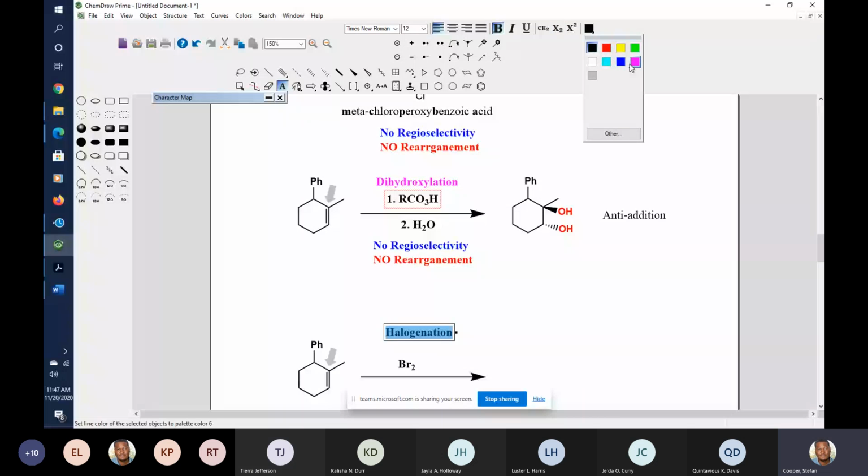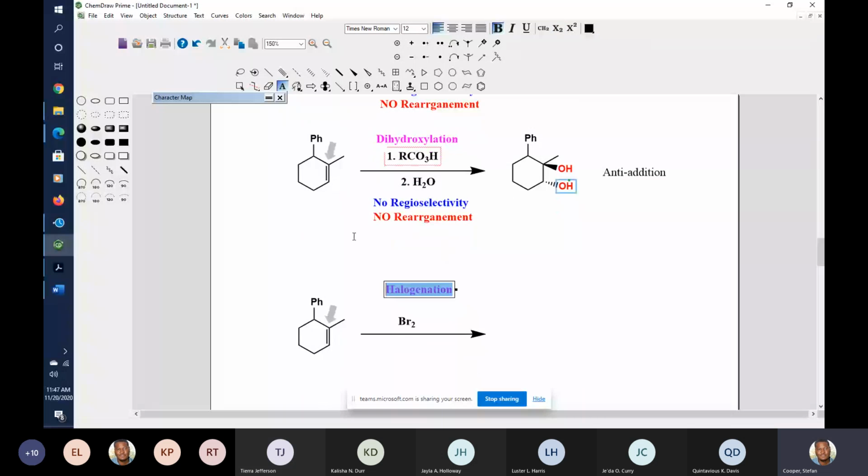Okay, good, good. So let's talk in detail about this. What would my product look like? I'm going to have an alkane now that I add what across this double bond? The bromine. Yeah. I'm going to have a bromine here, and I'm going to have a bromine there, right? So what's unique about how my groups are oriented here?